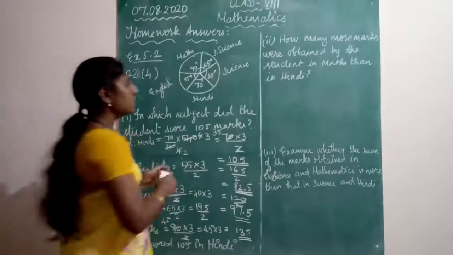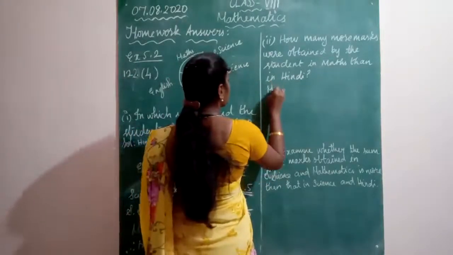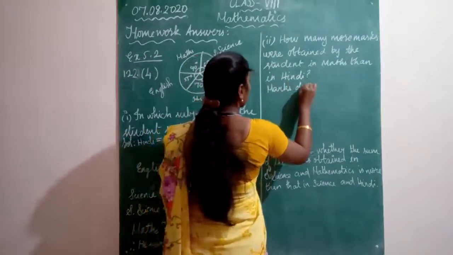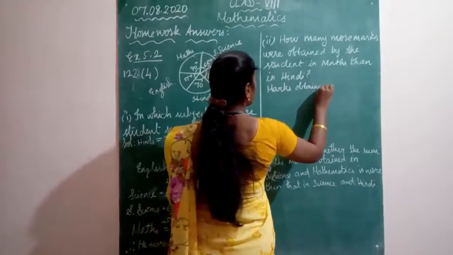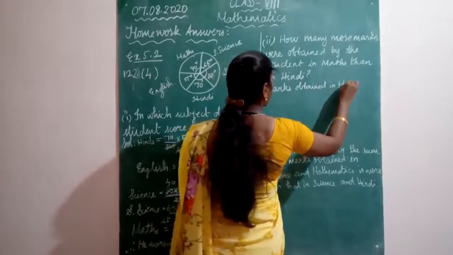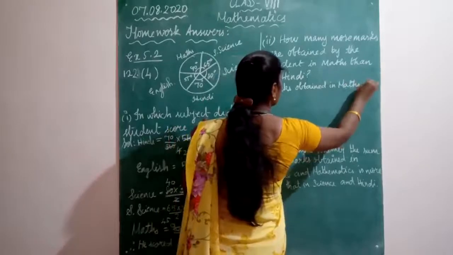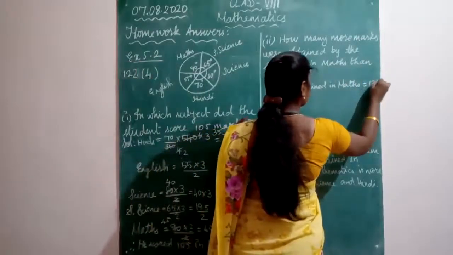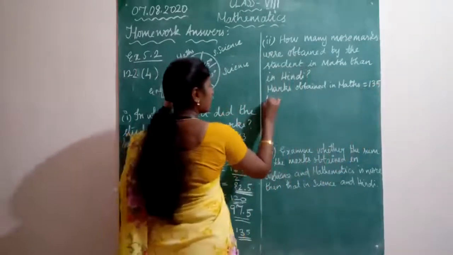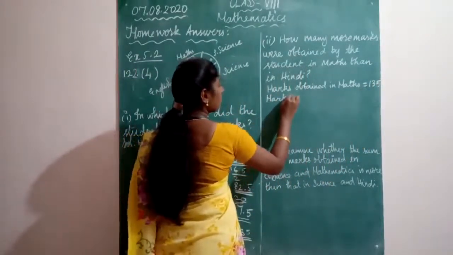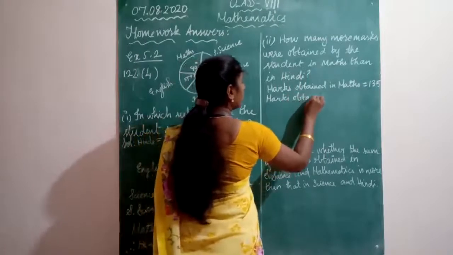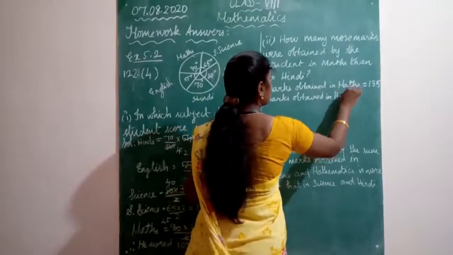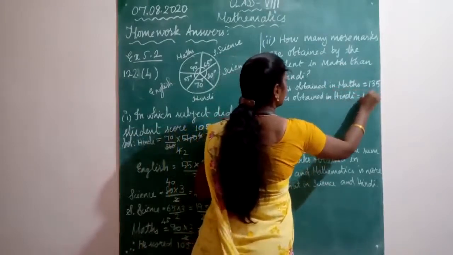Okay, so write marks obtained in maths. How much is it? It is 135. Okay, next, marks obtained in Hindi, so how much is that? It is 105.